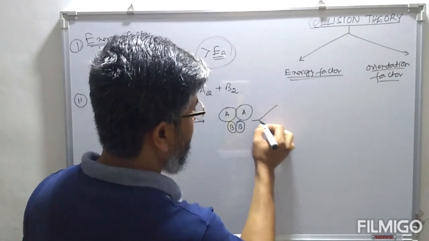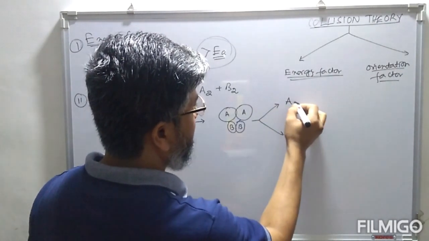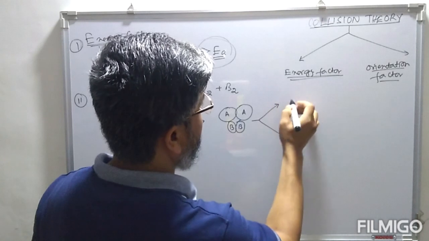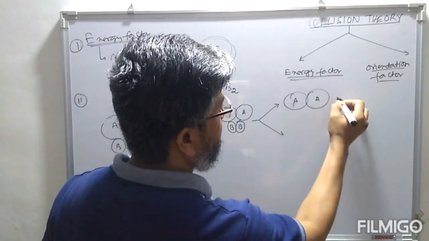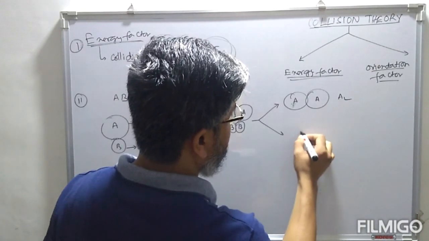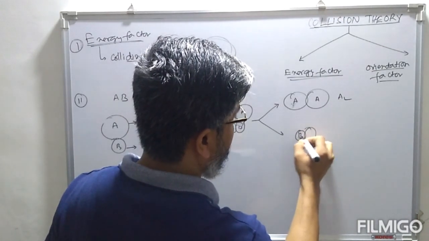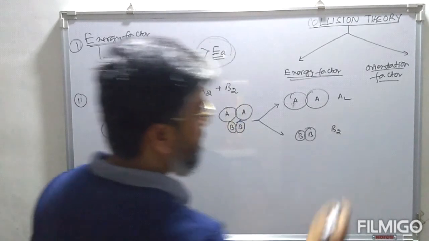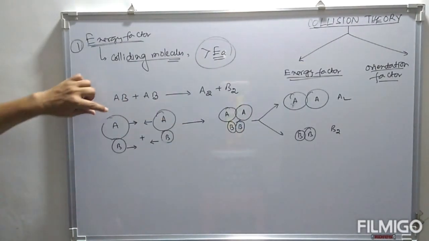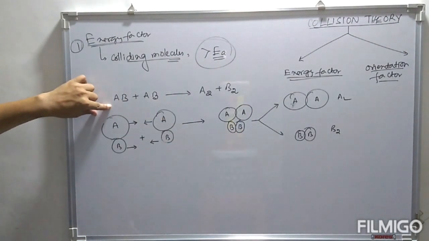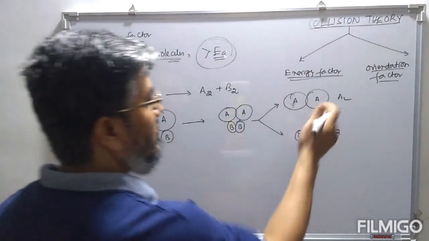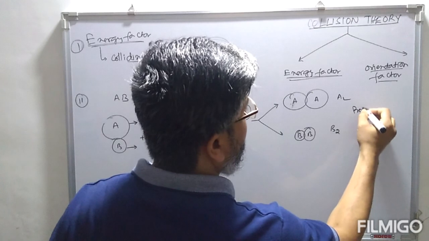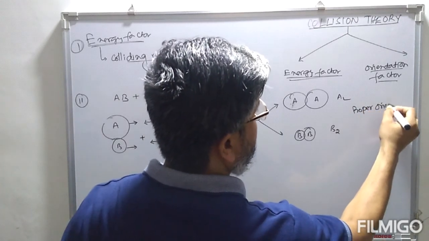So finally, this gives you A2, it is AA, and this is B2. So we say this collision, colliding molecules having proper orientation and leading to the product formation. So this is proper orientation.